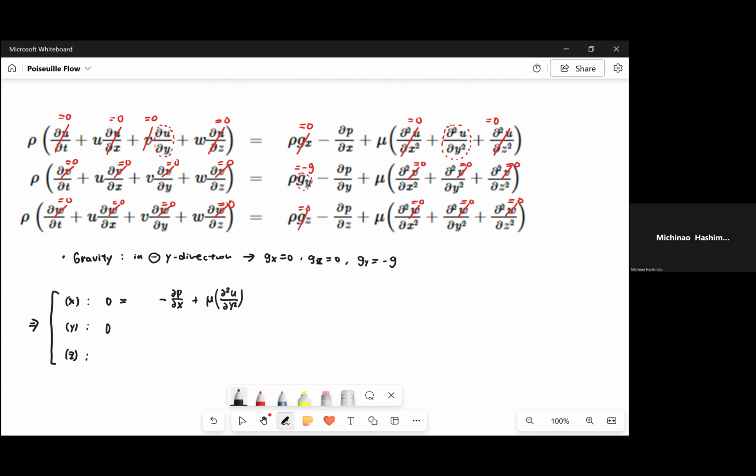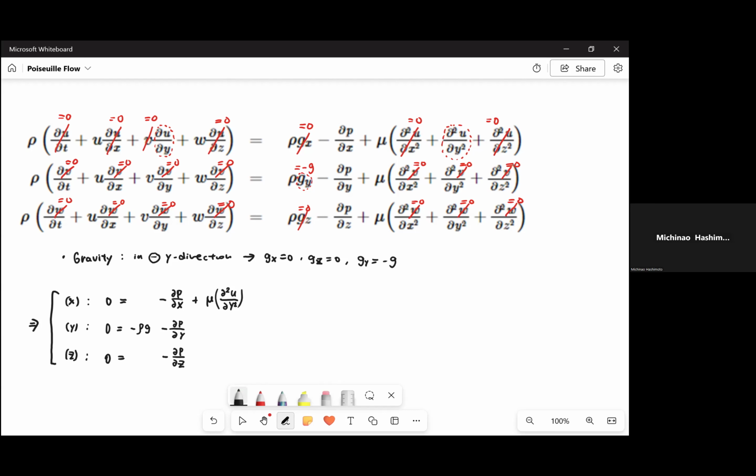And then for the y direction, 0 equals minus rho g minus dp/dy, but no viscous term. And then lastly, for the z direction, it is minus dp/dz.